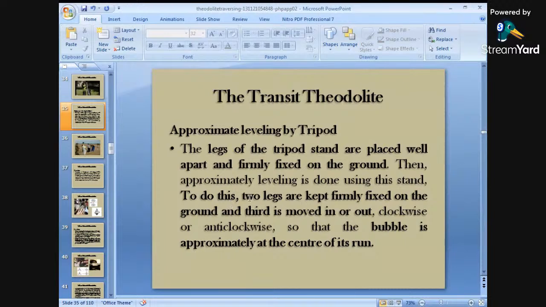To do this, you fix two legs firmly on the ground, and the third one is moved in and out, clockwise or anti-clockwise, so that the bubble approximately comes to the center of the run. So you are fixing two legs, and with the help of the third leg you are rotating it clockwise or anti-clockwise so that the bubble approximately comes to the center.